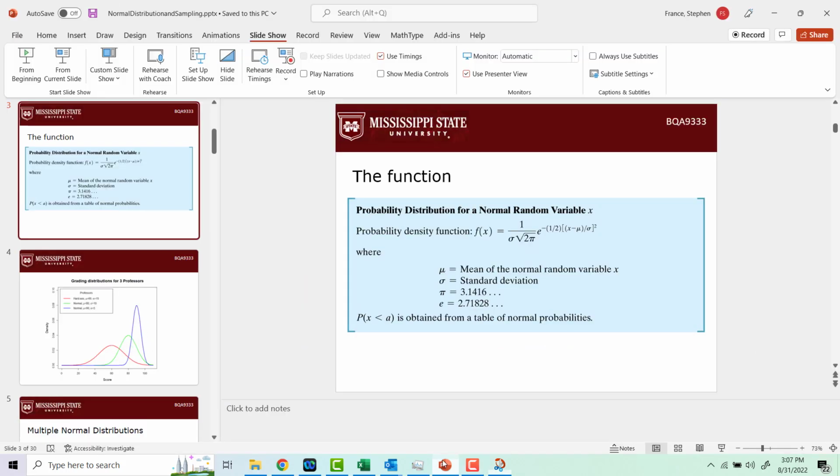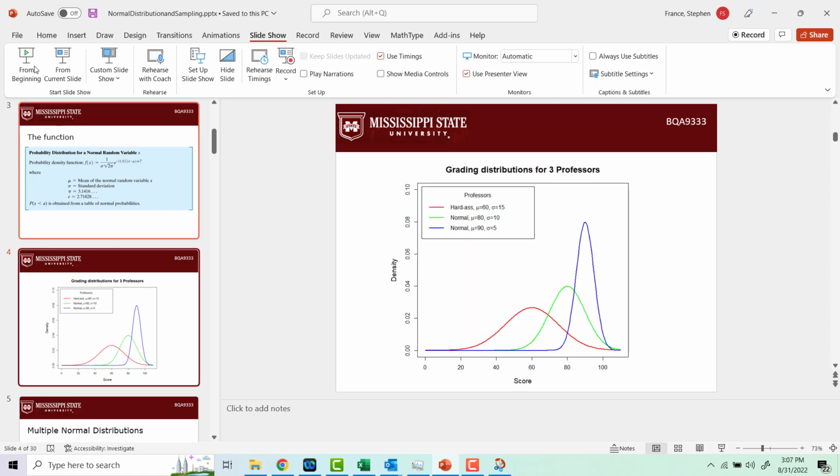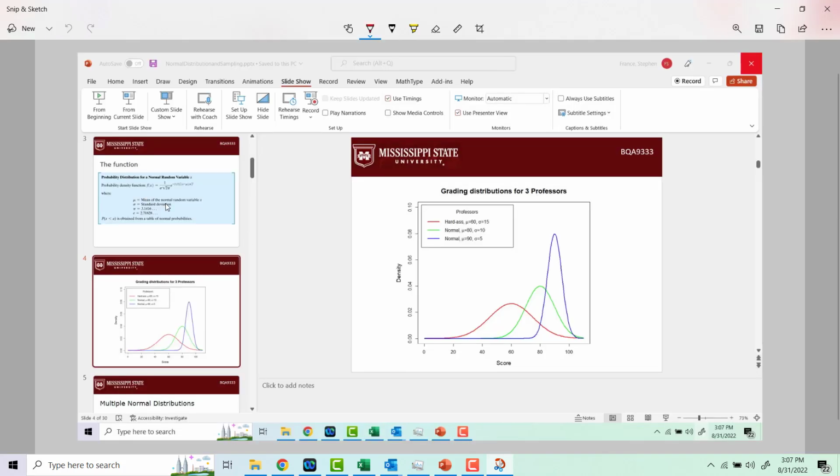Okay, so the next little slide, and I actually drew this in R with some sample normal distributions, is another snipping. We have 3 professors teaching a statistics class.